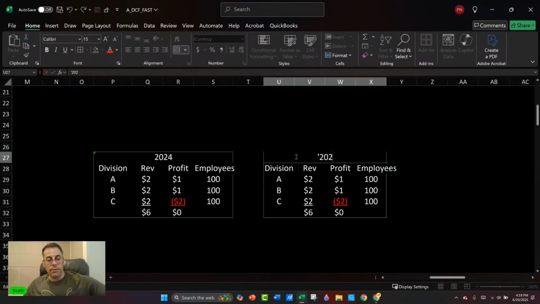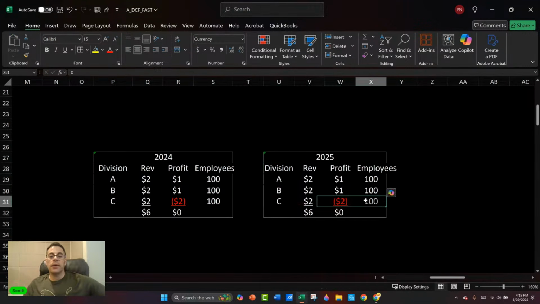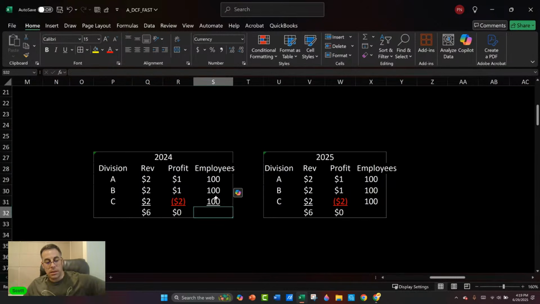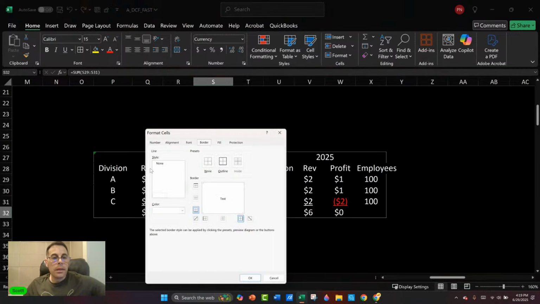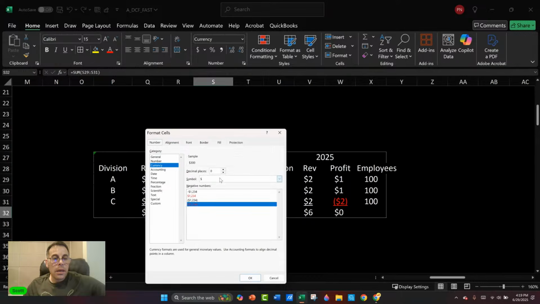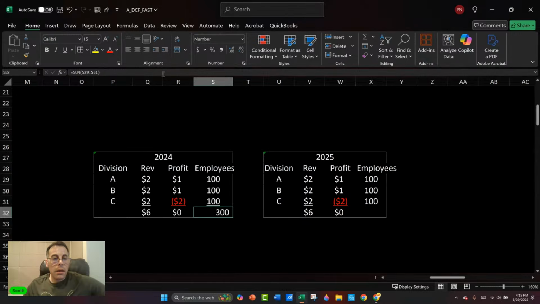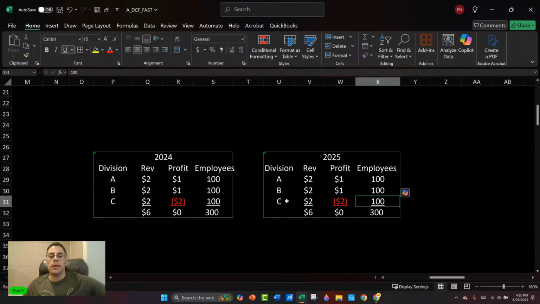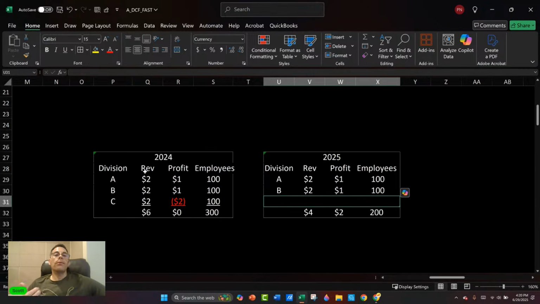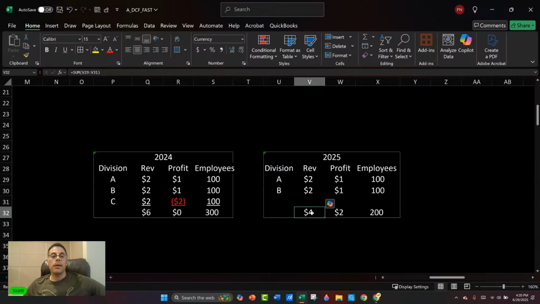So say by 2025, all he did was shut down Division C. And now their revenue went from 6 billion to 4 billion, but profit went up. It went from zero profit to 2 billion. And employee count went down from 300 to 200.